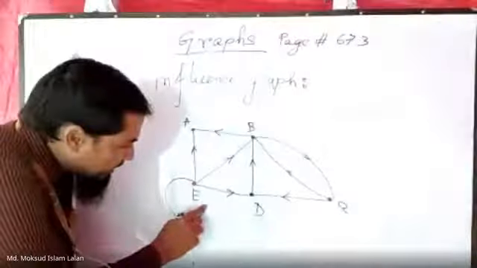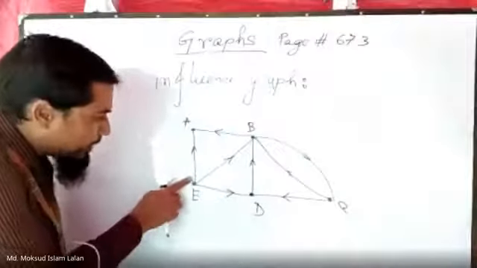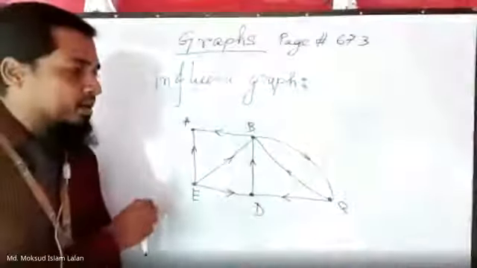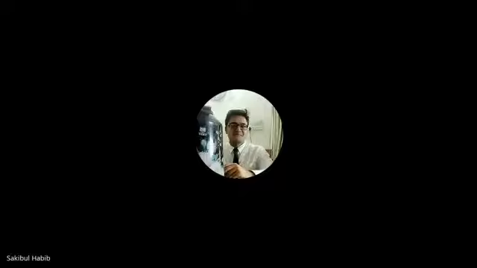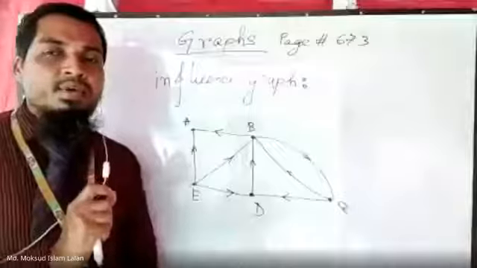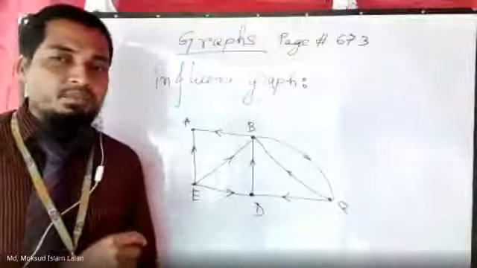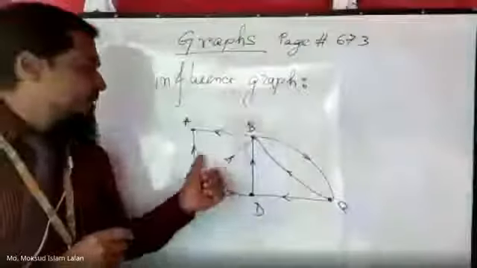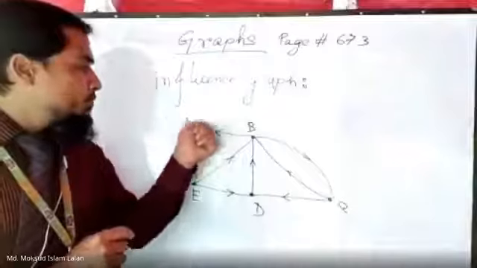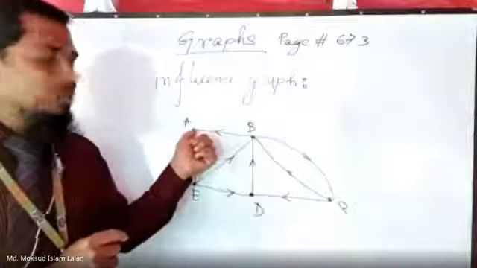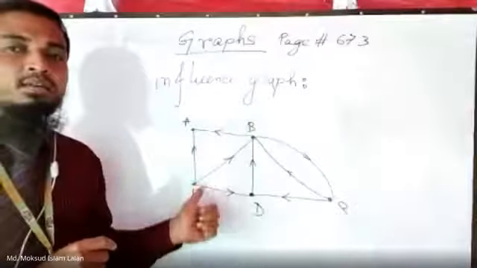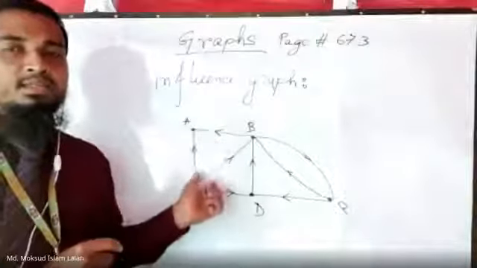So definitely, on the basis of this, we can state that the influence graph must be a directed graph, and there will be no loop. Do you agree with me? In an influence graph, a loop is not allowed, and direction is a must.